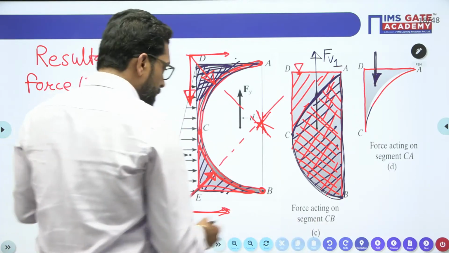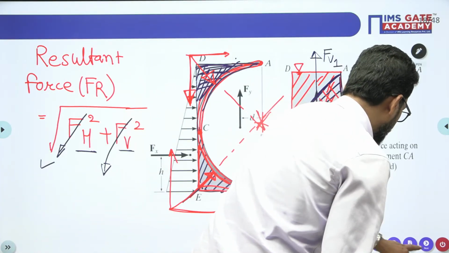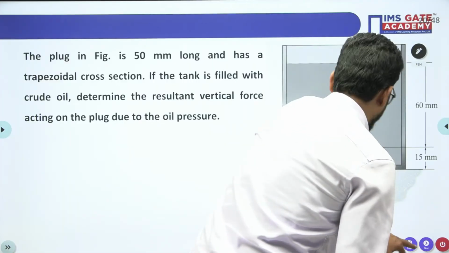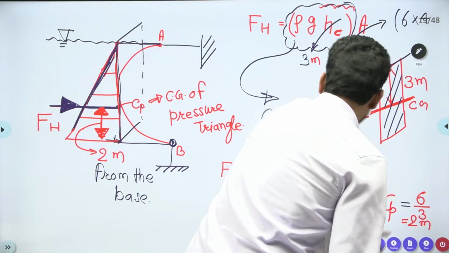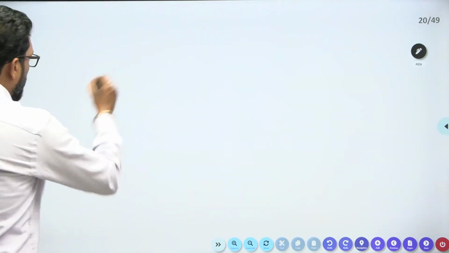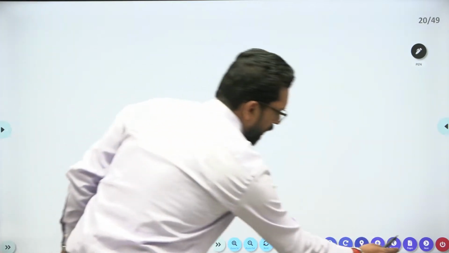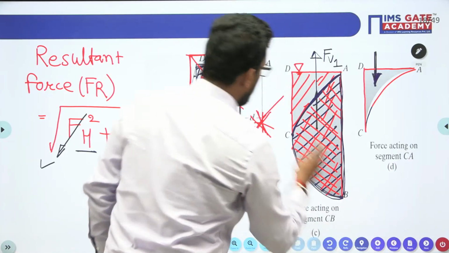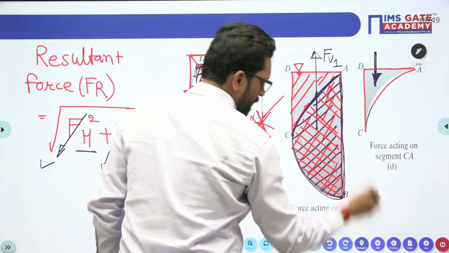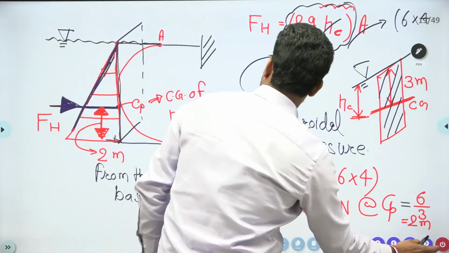If you calculate it, you have to subtract this. We'll just draw the diagram, no problem.